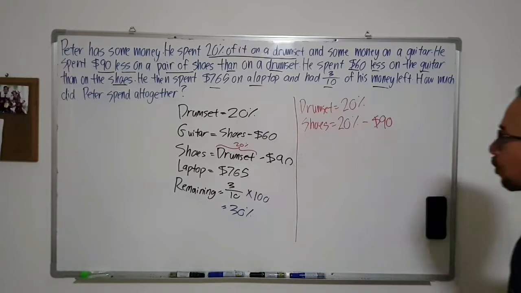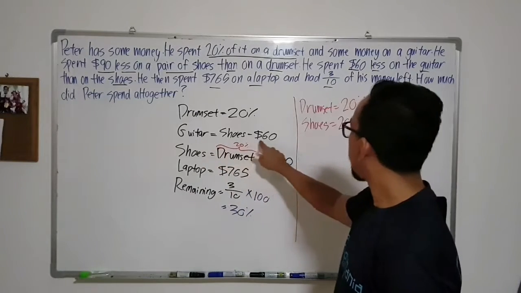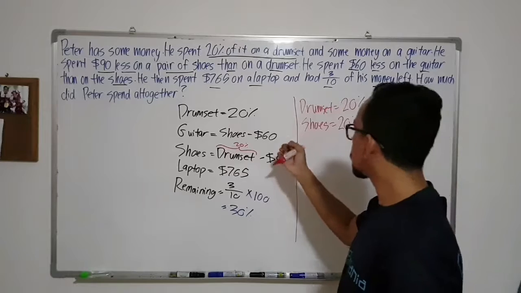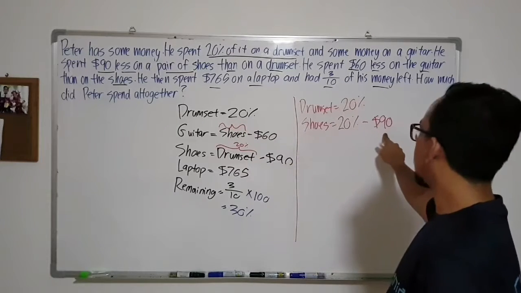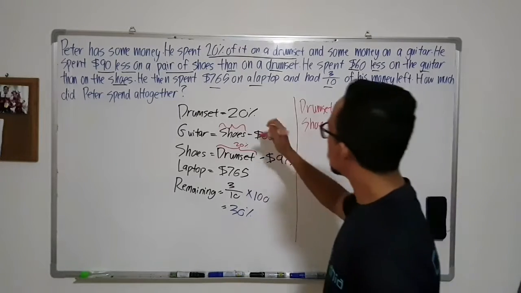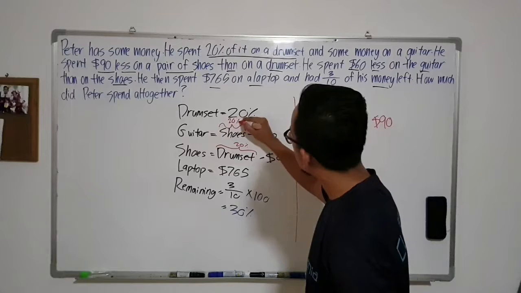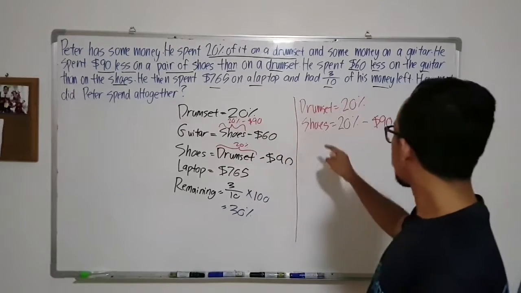Now find out what's next. Guitar now is equals to shoes minus $60. How much does the shoe cost? 20% minus 90. This is how much the shoe will cost. Okay? So you put here 20% minus $90. Alright?